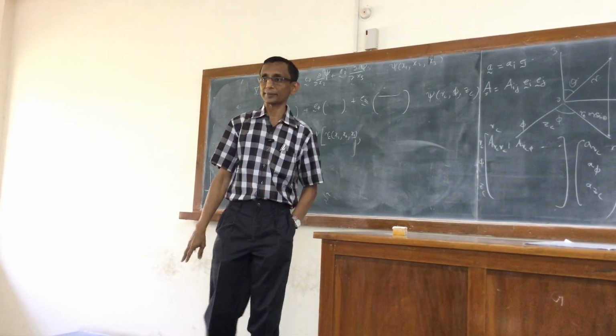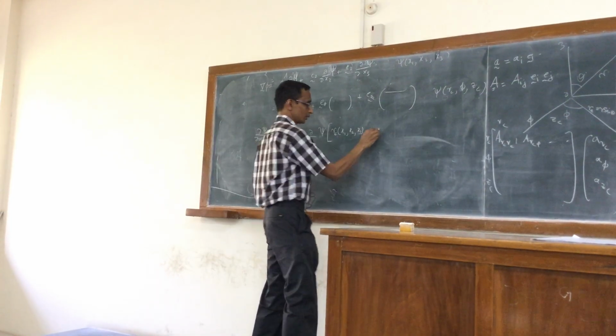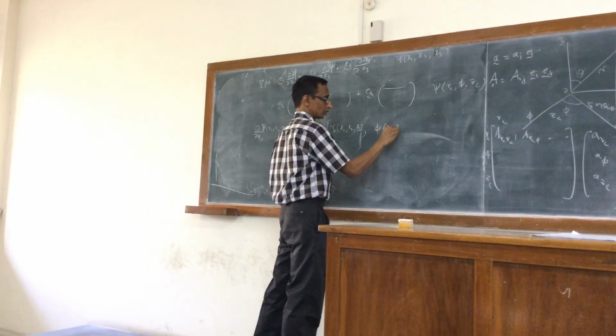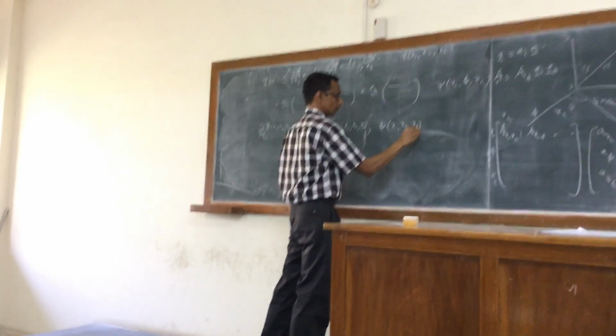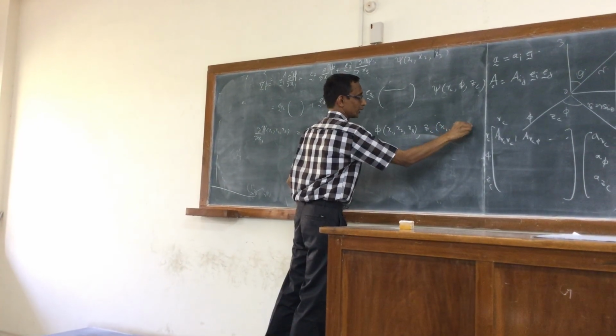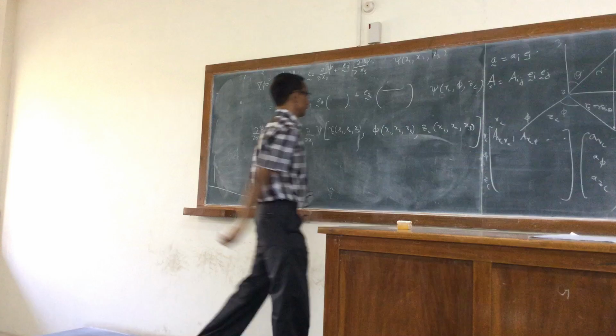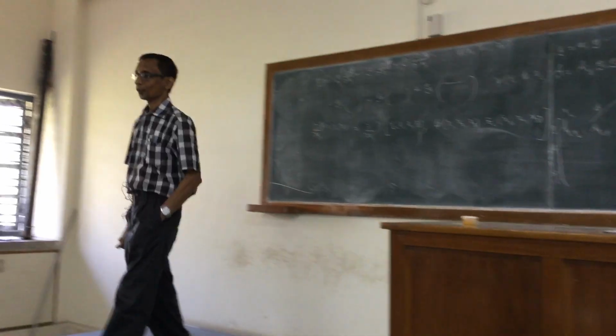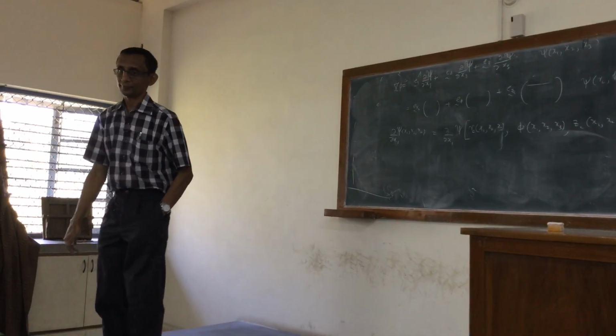Of course it doesn't depend on x3, that's a different matter. And phi, and then zc expressed as a function of x1, x2, x3. Then I can apply the chain rule and get this, right?